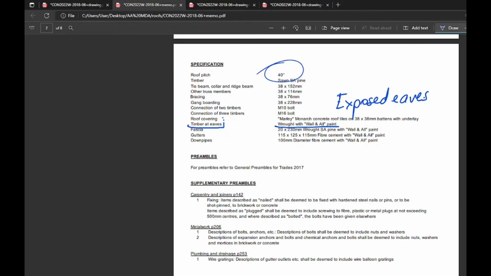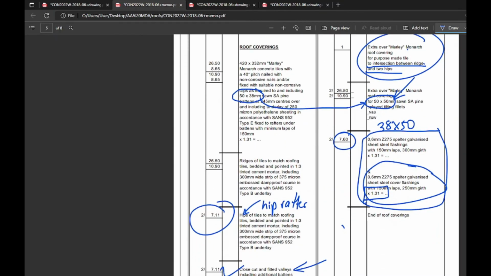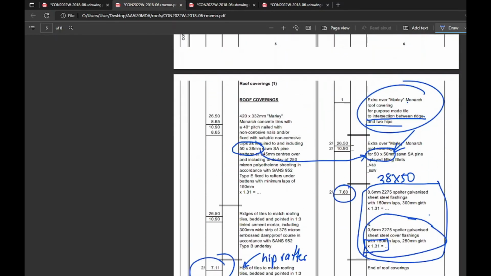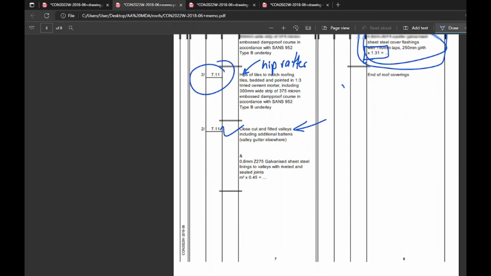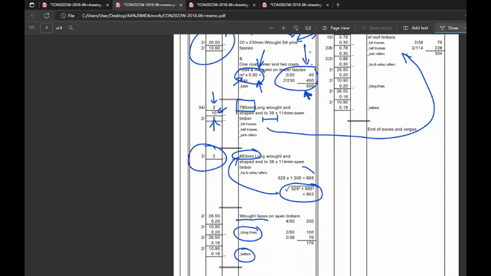You can assume that because these people are worried about the visual aesthetic appearance, and if that was not the case, if this was not here, you'd say, well, it's probably closed eaves, and in quantifying that, I'm not going to measure anything extra for these. Covered eaves, closed eaves, because there will be a piece covering that timber, and no one would even know what the timber looks like. In this case, wrought, it's exposed.